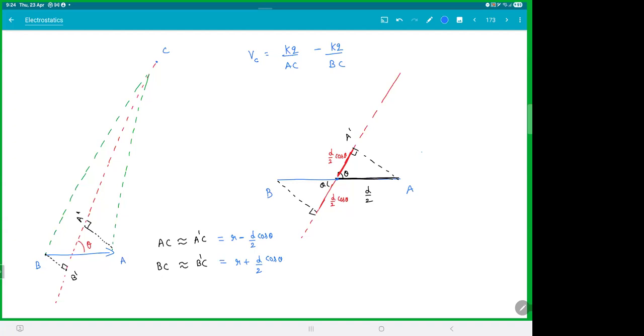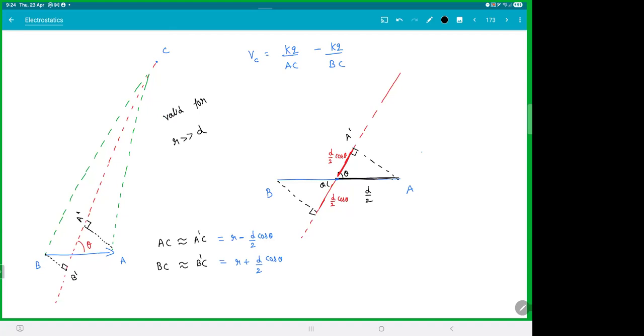Some people like to drop directly onto this line, but we are measuring the distances from the center, so we'll keep it from there. But is this approximation clear? This approximation is valid only because R is much, much greater than D. If that is not the case, you can't do this. This is valid for R much, much greater than D.